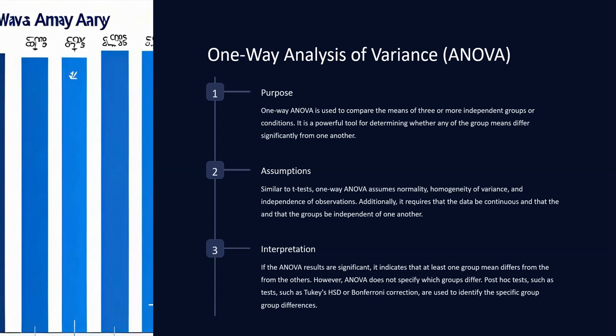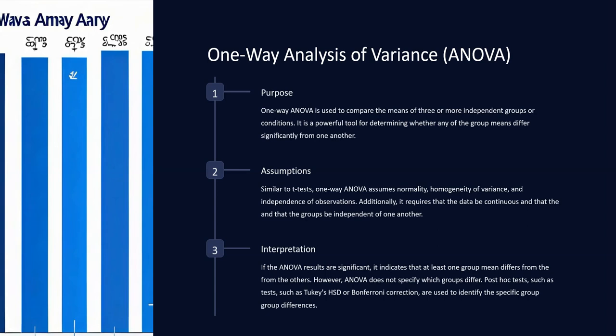So one-way analysis is used to compare the means of three or more independent groups or conditions. Suppose you have three independent groups, you take students of physical education, geography and political science, and you take one performance measure, that is a condition.